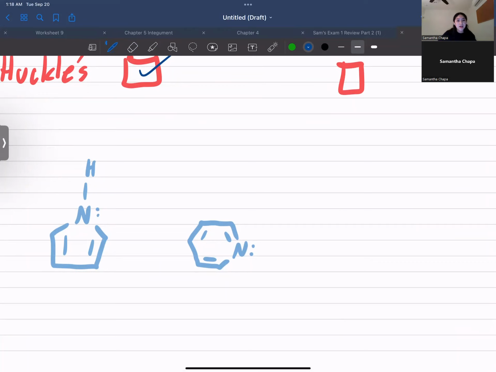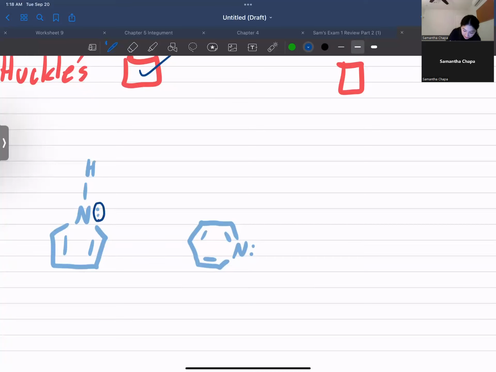Something that I was told by my star tutors: when you have a double bond directly on your heteroatom, the p orbital is already taken over. Something you should also know is that when you're able to resonate electrons, you're in the p orbital.